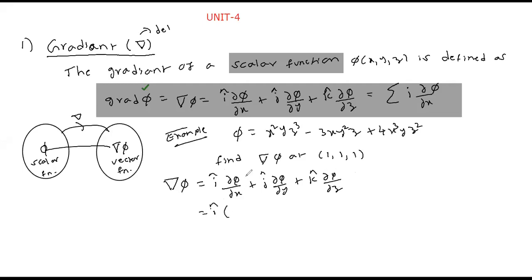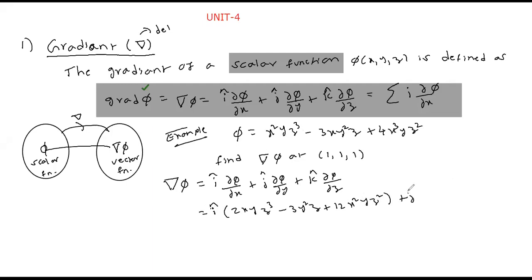What is the partial derivative of phi with respect to x? Differentiating with respect to x, we get 2xyz cubed minus 3y square z plus 12x square y z square, multiplied by i.